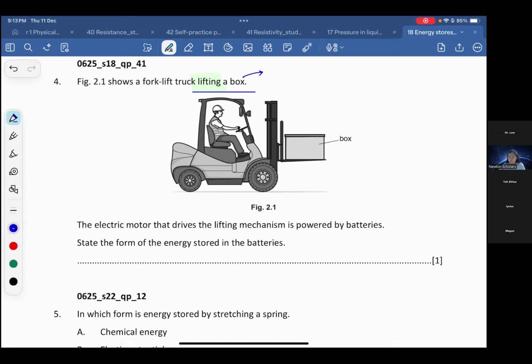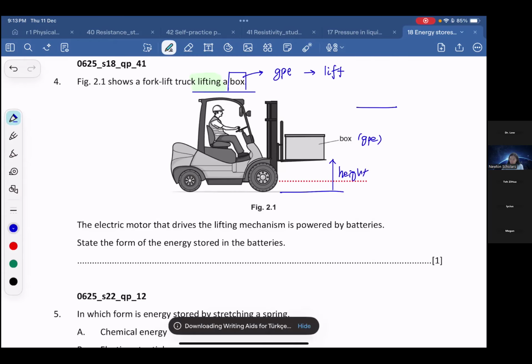If I'm asking about the box, what kind of energy will it gain? Angeline, correct. It will gain GPE due to the keyword lift. Lift means you move up from the ground, up to a certain height, a position. So the box will gain GPE.